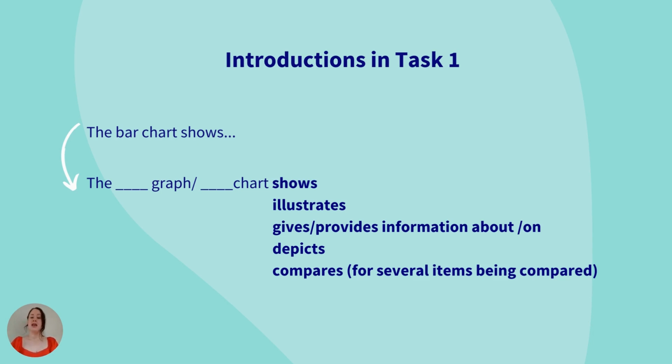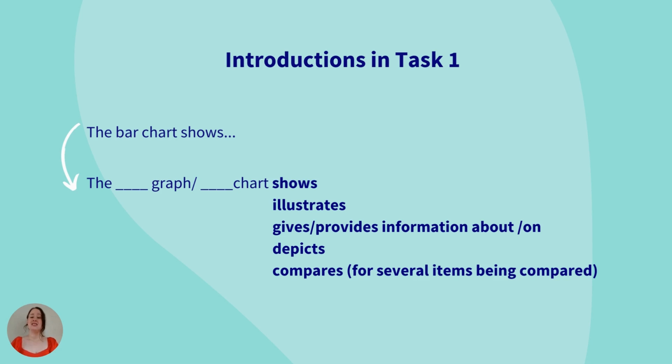Additionally, make sure that you understand the vocabulary you are choosing to use, and ensure that you are using it correctly. On this slide, you can see that we can change the graph shows to include the type of graph or chart.